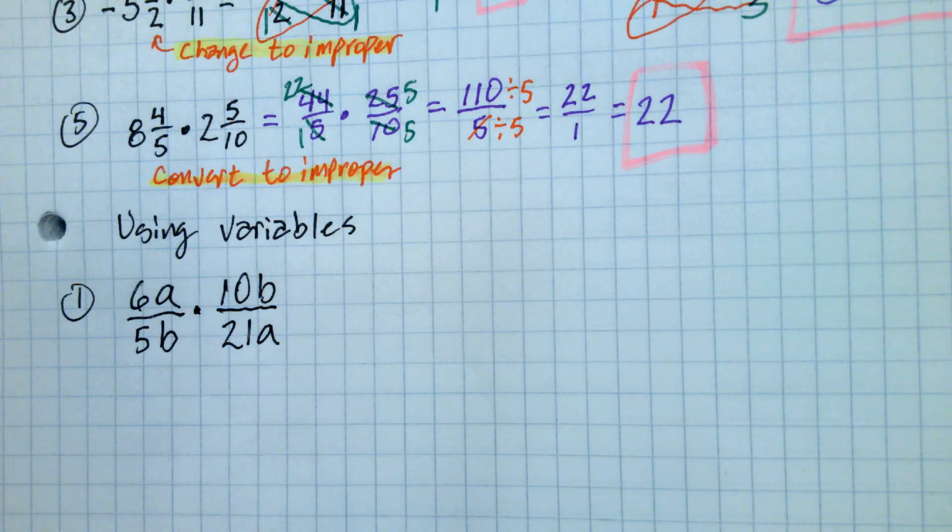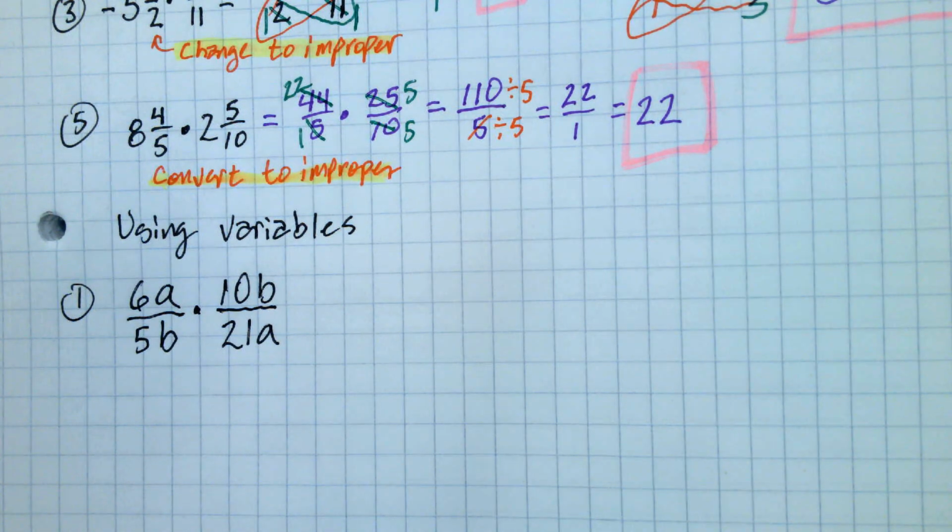So all you have to remember is, yes, we have a's and b's in there, but they're behaving as numbers. So I have 6 times a and 5 times b, 10 times b, and 21 times a. Okay? They're all just factors. They're factors. Okay?